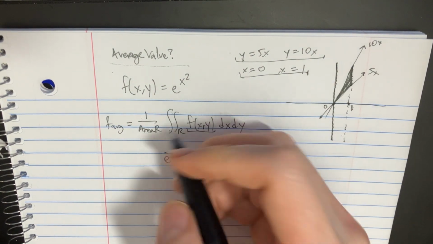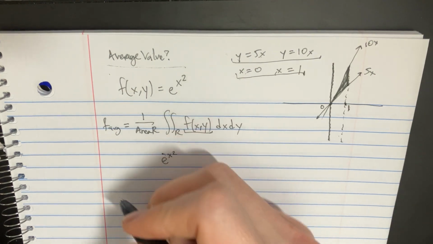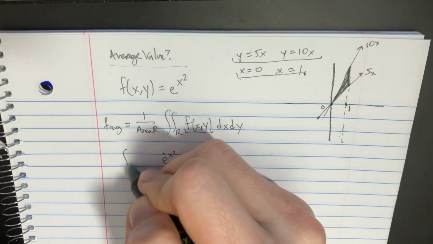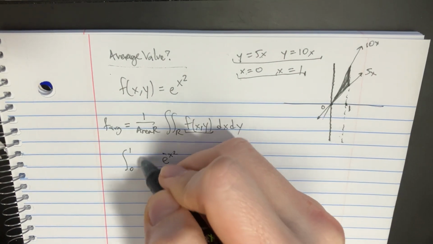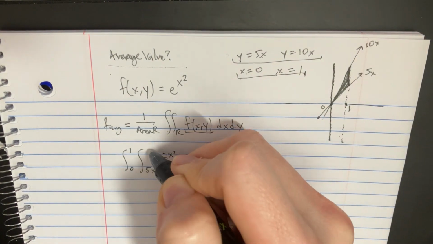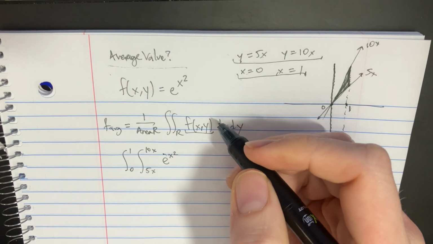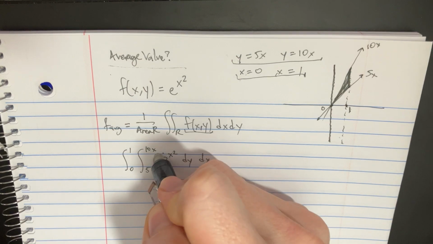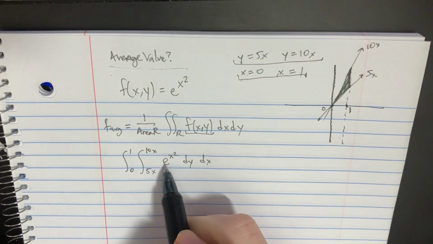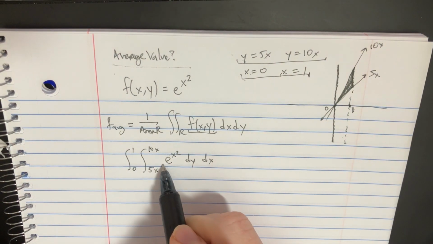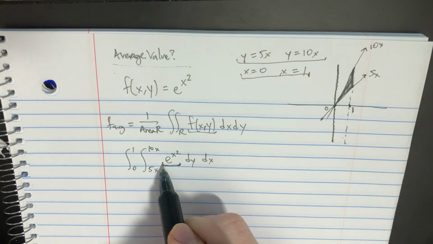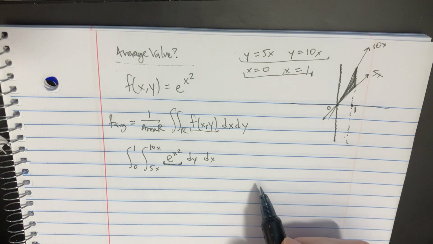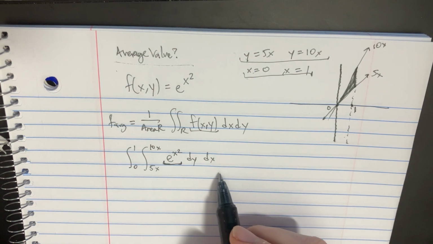We've already figured out our integration limits, so we'll put the dx on the outside, 0 to 1, and then we'll have 5x to 10x as far as the y's go, dy and then dx, because I want to integrate the y's first, just because I noticed that there's no y in here. So if I can just integrate that by adding a y, it's going to be a really easy integration. We'll deal with the dx and stuff later.